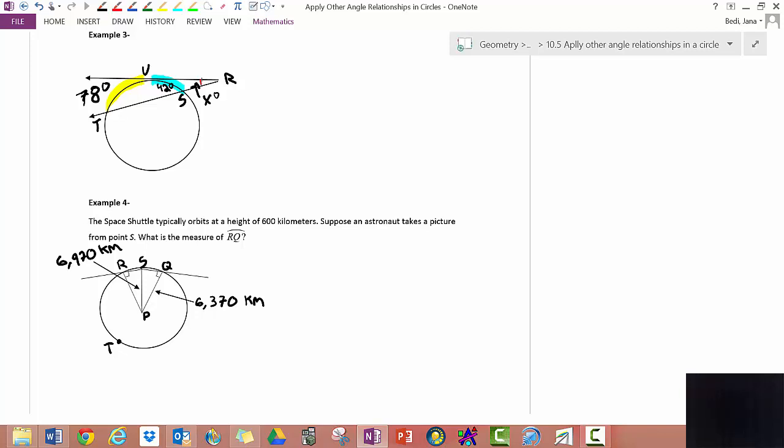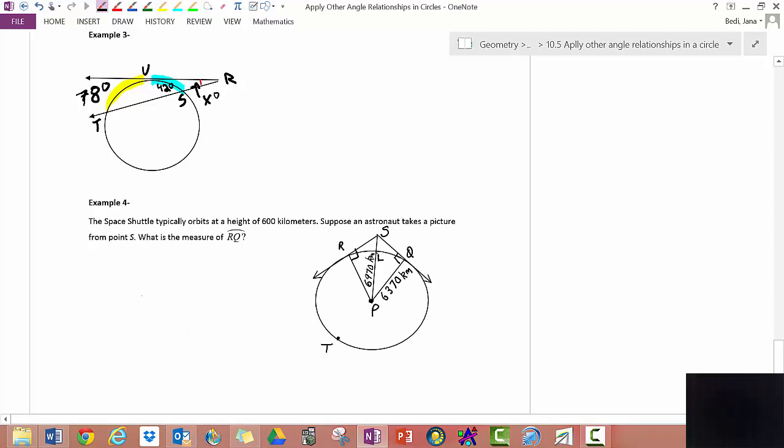There is a little error in this diagram. Let me see if I can fix it. Okay, I had to take a brief pause to redraw that diagram for you. So what the example says is the space shuttle typically orbits at a height of 600 kilometers. Imagine the shuttle in real life. It is going to be flying over, let's say, the Earth. So the question you need to ask yourself is, which distance is 600 kilometers?